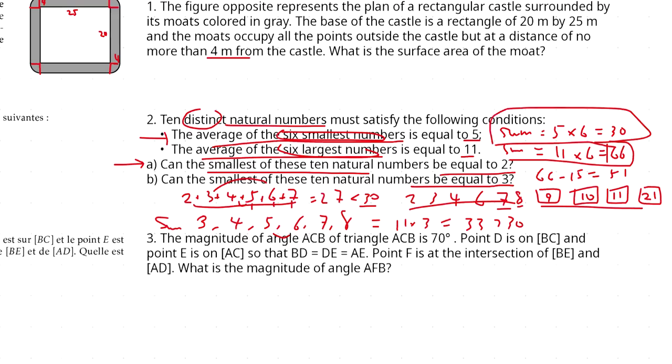All right. Okay, third question. Kind of geometry, but it's quite simple, about angles. Nothing to do with triangle similarities, nothing to do with congruence of triangles, squares, or circles.